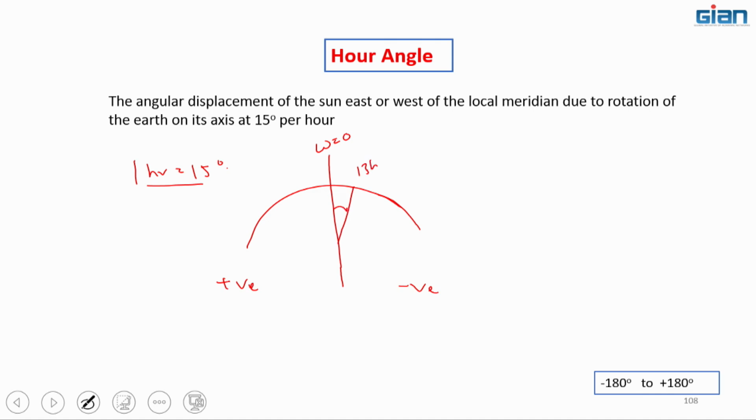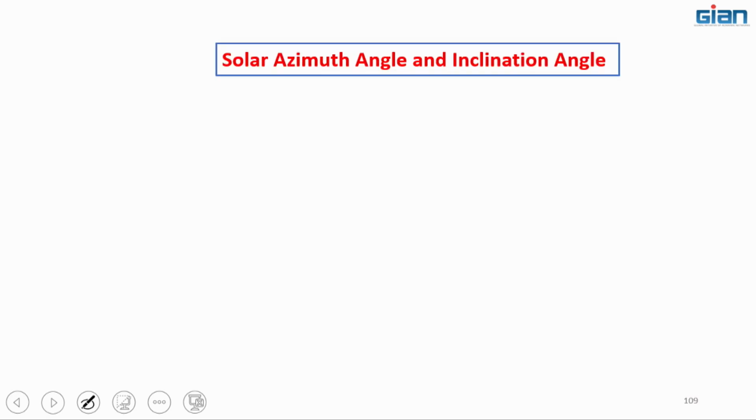This is 1 hour, and this is 15 degrees, so it is minus 15 degrees. If you have to find it at 11 o'clock, it will be plus 15 degrees. And if you are interested in 10:30, half an hour is 7.5 degrees. That way you can find the hour angle, and it varies from minus 180 to plus 180.